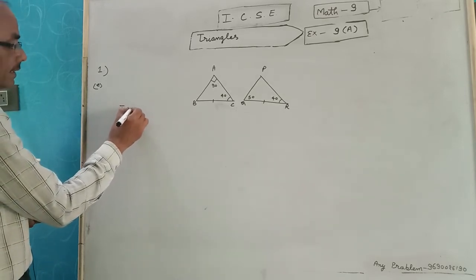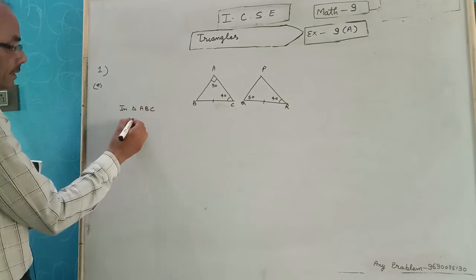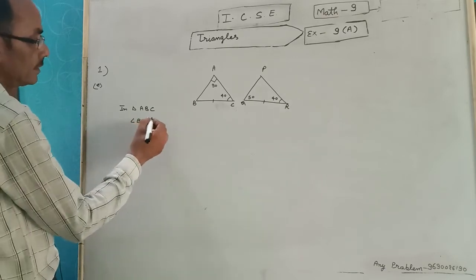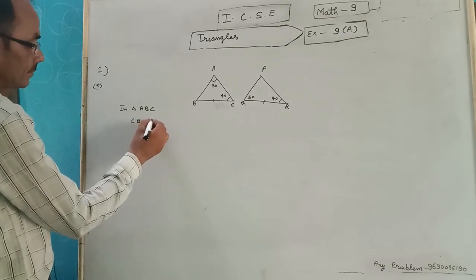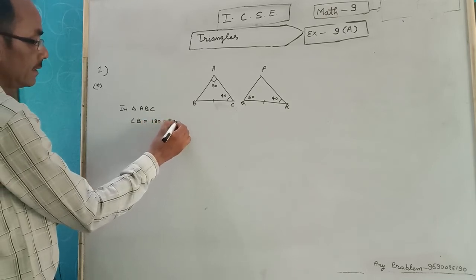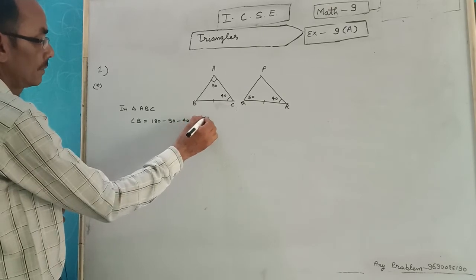In triangle ABC, angle B will be 180 minus 90 minus 40 is equal to 50.